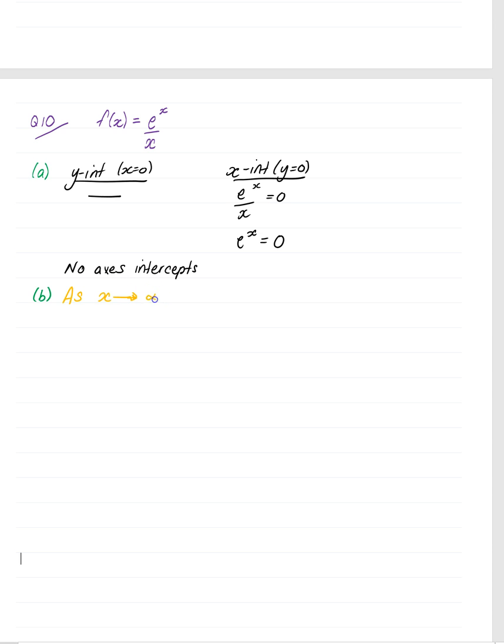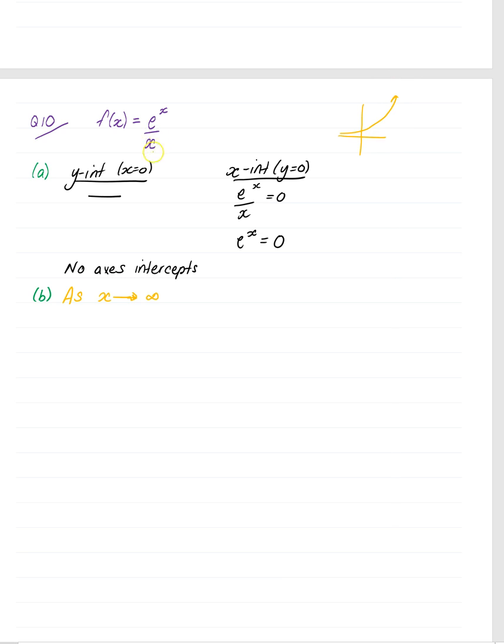So if you want to, try sketching the graph first and then have a look. But let's imagine we didn't have our calculators. What happens to this function as x is getting bigger and bigger? You should know what this graph looks like. e to the x is like that. And so as x is getting bigger and bigger, this is just tending towards infinity.